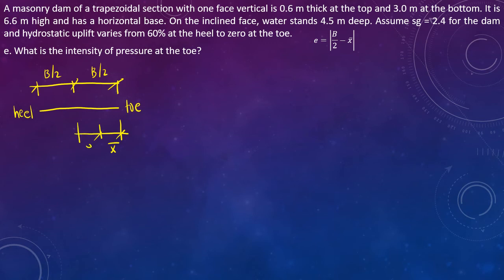This means that e has a positive value. And this means that the maximum pressure occurs at the toe. And for the next case, we have the base of the dam still divided into 2.